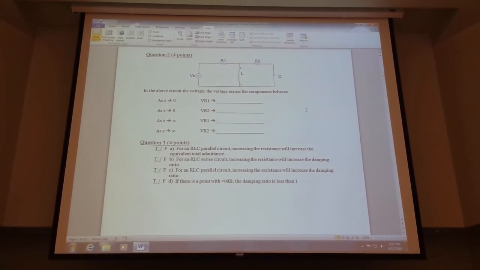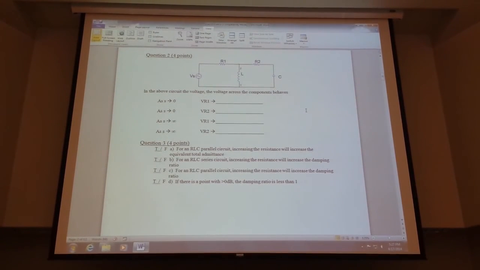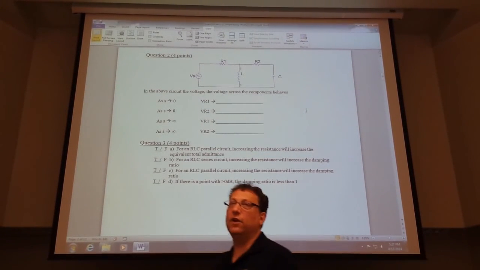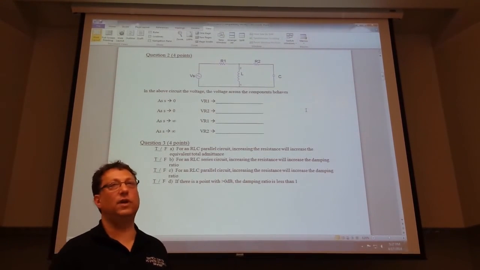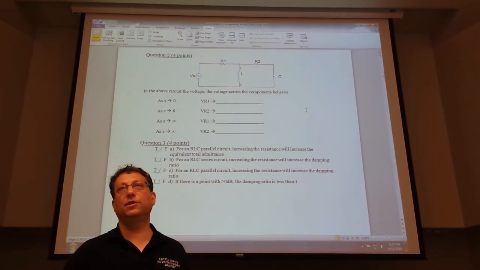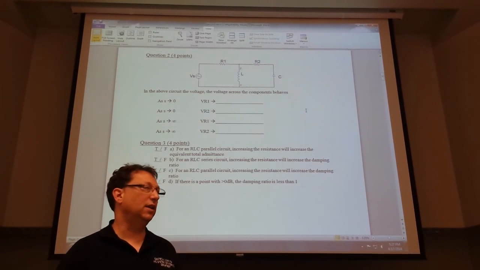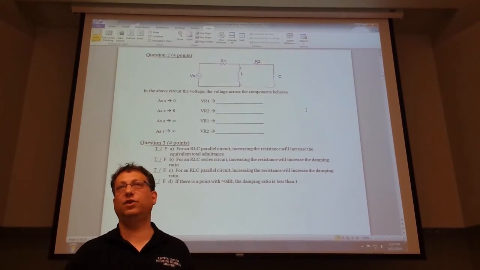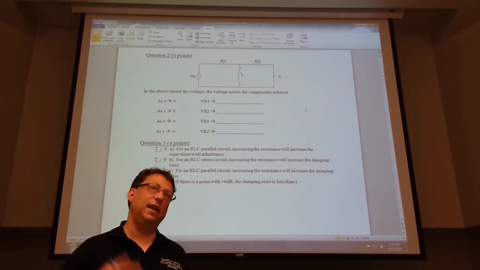Variations on that. For an RLC parallel circuit, increasing the resistance will increase the equivalent total admittance. So admittance is the inverse of resistance. If you increase resistance, what happens to the admittance of the resistor? It decreases, and the admittance in a parallel circuit, Y equivalent equals what?